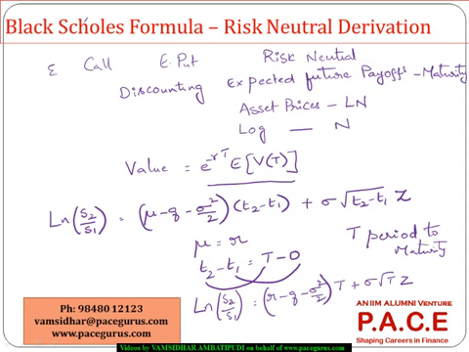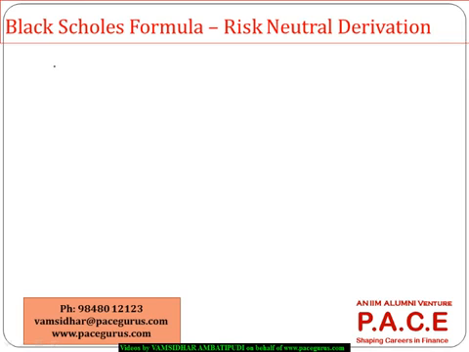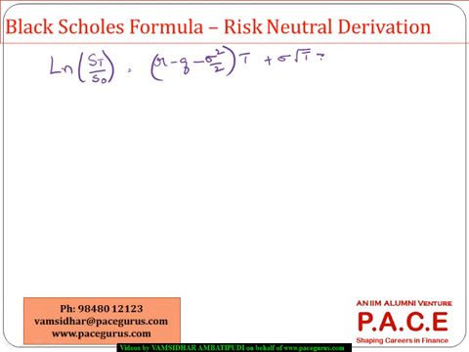And here, because I have made T2 and T1 already, I can call this ST divided by S0. So the first equation I am going to get is log of ST divided by S0 equals (r minus q minus sigma squared by 2) times T plus sigma root T times Z. From here I can simplify. I'll take out the log.